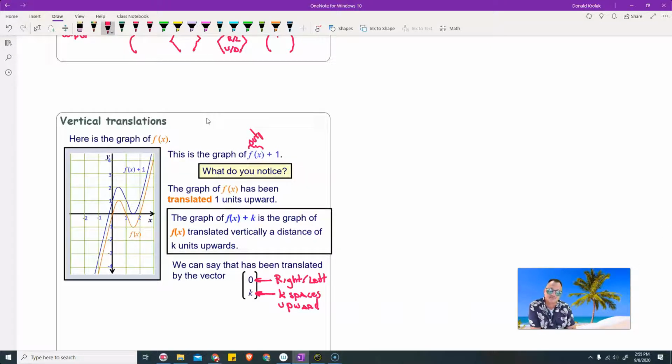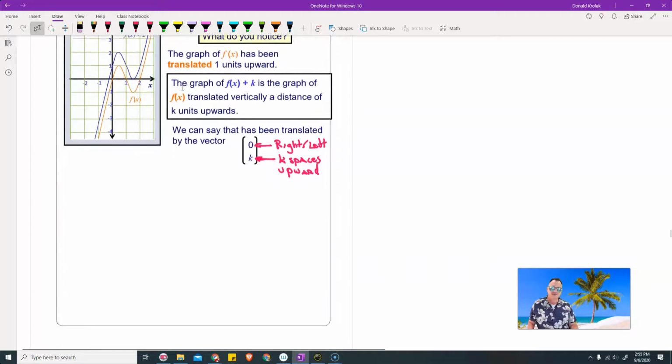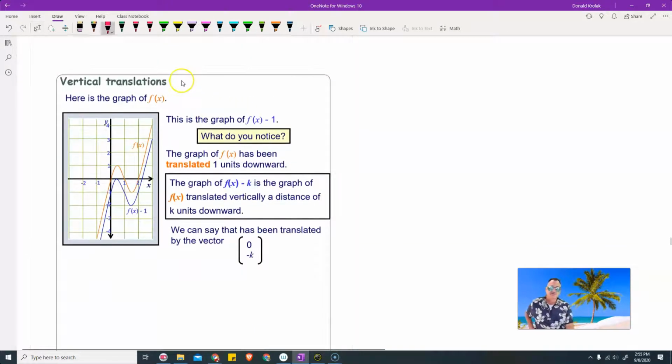And then if that k was a minus, okay, now we're subtracting 1 from the output. And that's going to take this blue graph is everything on this orange graph with 1 taken away from the y coordinate.